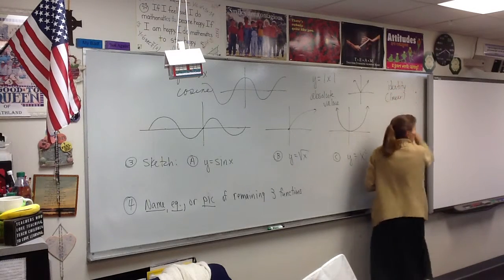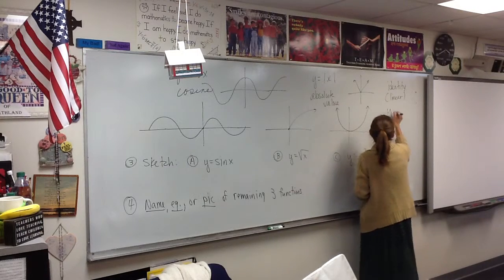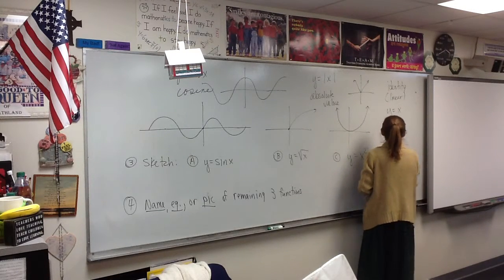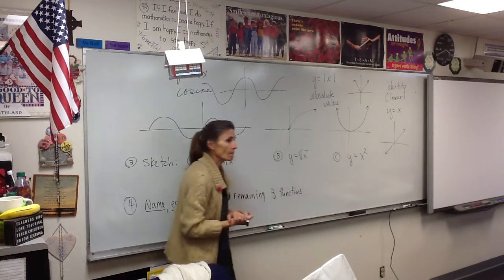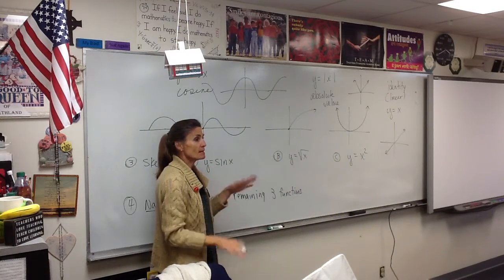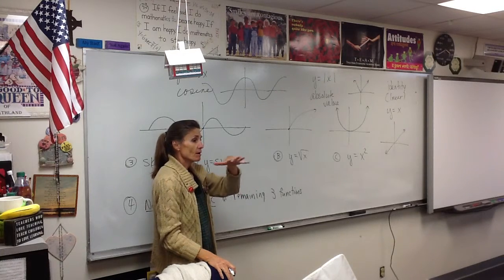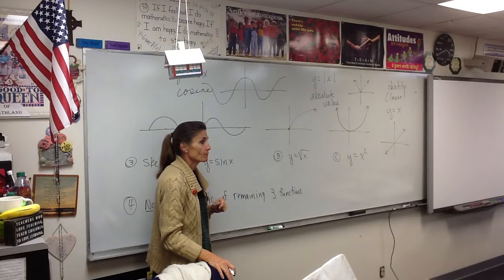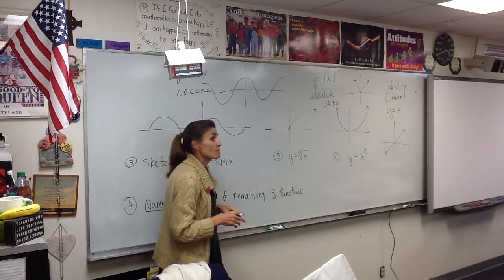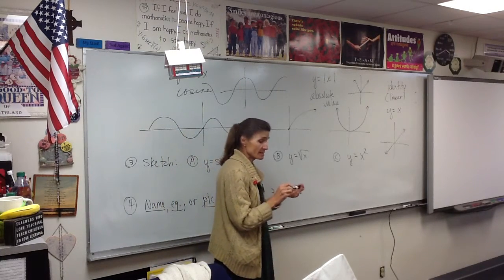Either one, because it's a line. It's the line. The equation or the picture. Is there anybody that got everything right without looking at notes? That's great. Tomorrow, let's all be ready to say that, okay?